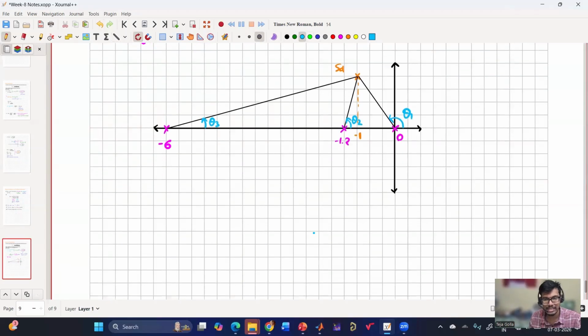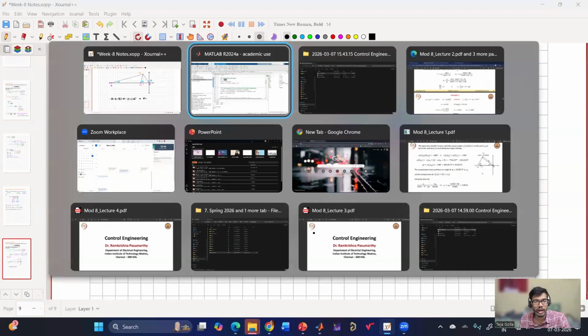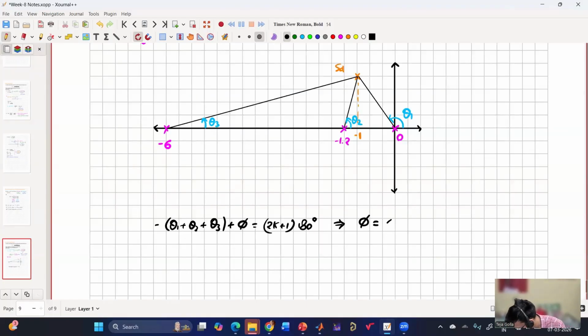Minus of theta 1 plus theta 2 plus theta 3 will be there because it corresponds to the poles. So minus of theta 1 plus theta 2 plus theta 3 plus phi is equal to 2k plus 1 into 180 degrees. And whatever phi I got, I have obtained 42.52 degrees.